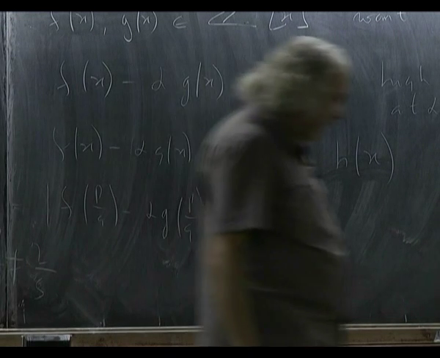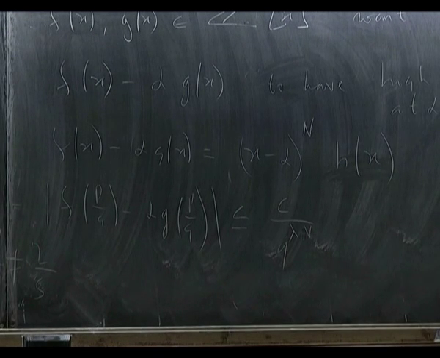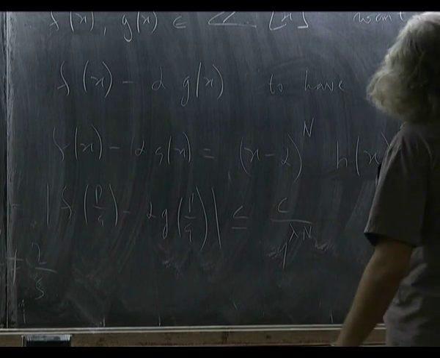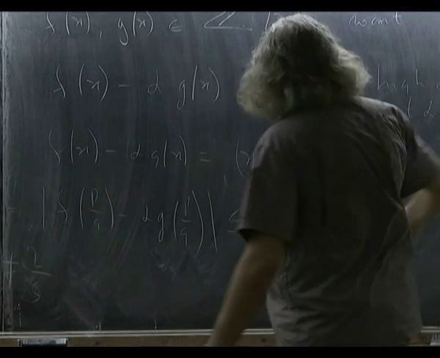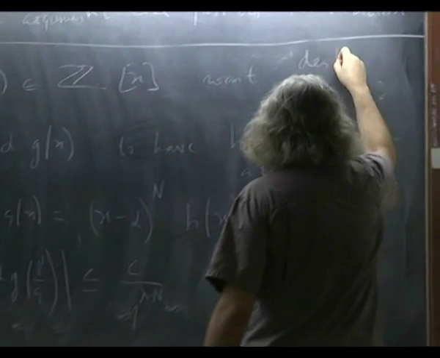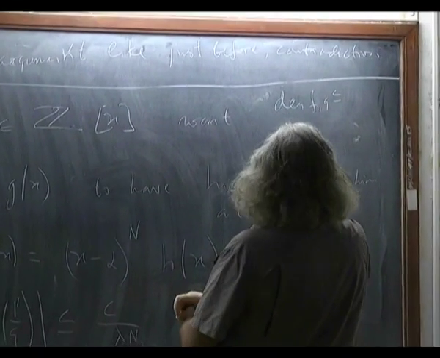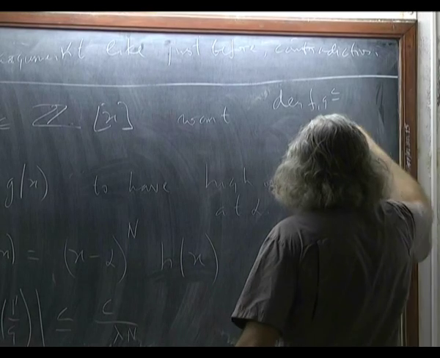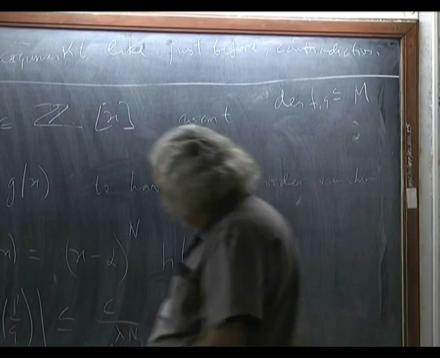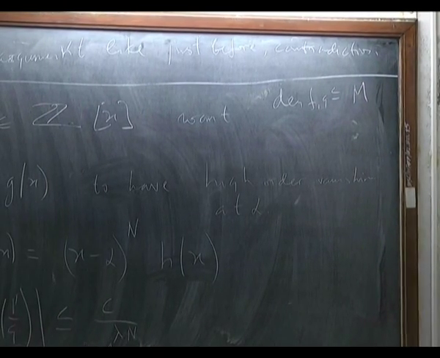And if we denote by m some other number bounding the degrees of the polynomials, then what do we obtain?